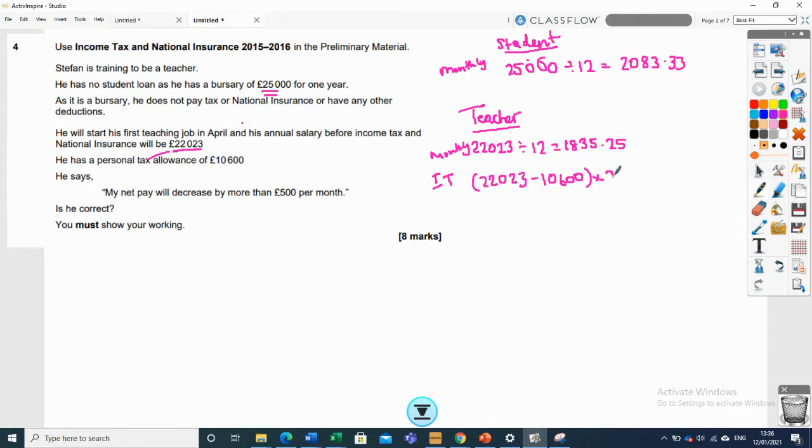So all of that falls within it. And that gives you £2,284.60. That's in the year. So monthly, divide by 12. £190.38.